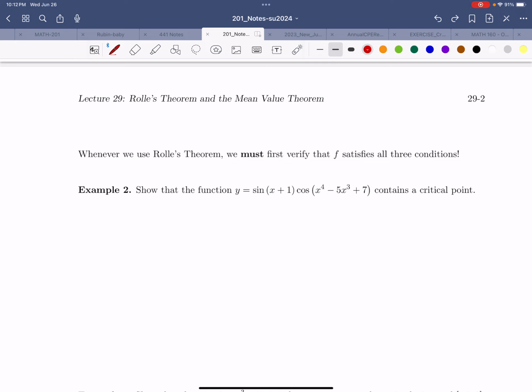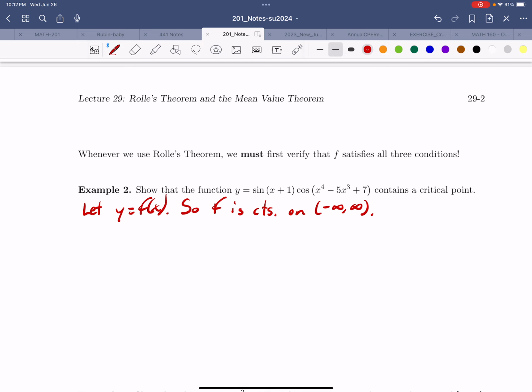Well, first off, I'm going to say let y equal f of x. I should have done that in the beginning. So f is continuous really everywhere, just because sine and cosine are continuous, polynomials are continuous, and so their compositions and products are continuous.